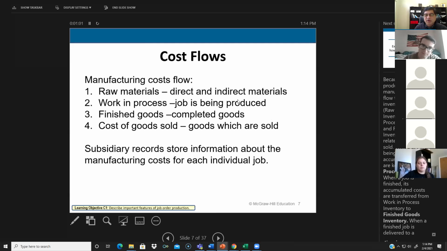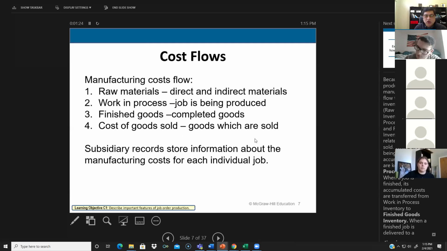We know that the indirect materials are all your overheads, manufacturing overhead in this case. Work in process is the job which is being produced or is in progress. Once it is completed, it moves to finished goods, which is the completed goods. Once they are sold, it becomes the cost of goods sold.